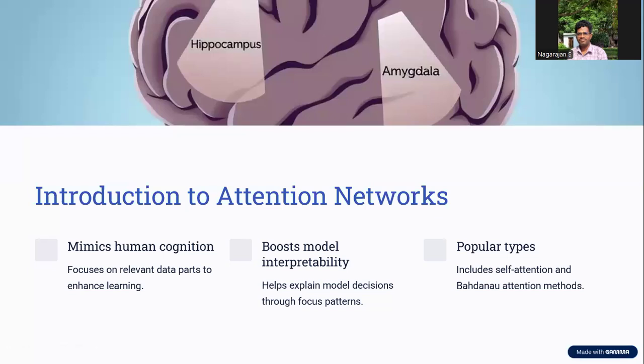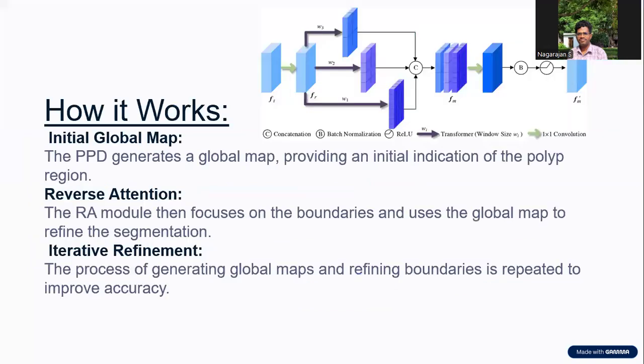It is also very popular because it supports self attention and some other methods, and always focuses on particular data and close parts to enhance the learning process. It is also helpful to explain model decisions through the focus patterns. Very important.